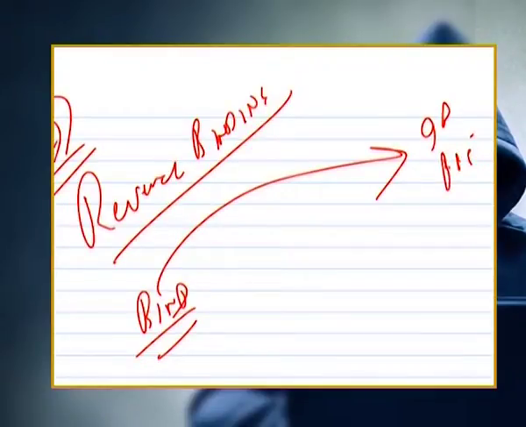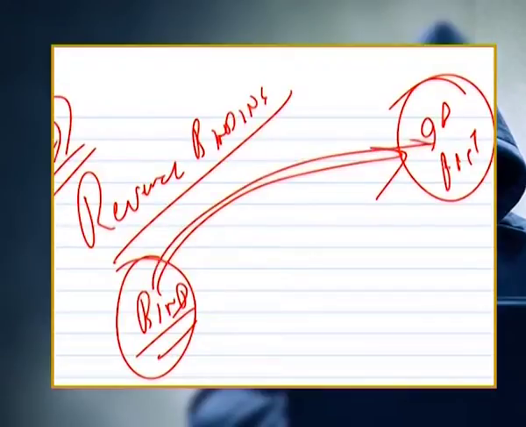That means my machine is available with a public IP and port number, and this bound shell will travel from that machine to my machine. In this case we are going to utilize reverse binding, where I will be able to catch hold of the shell code of the victim's machine.